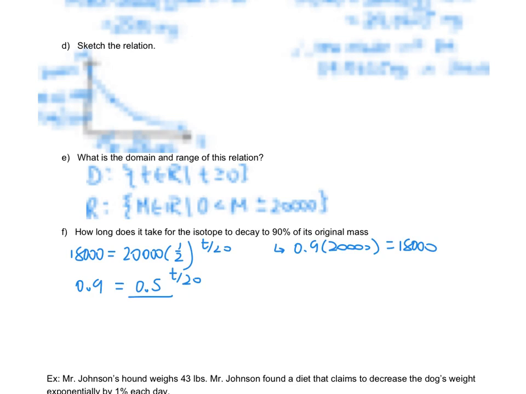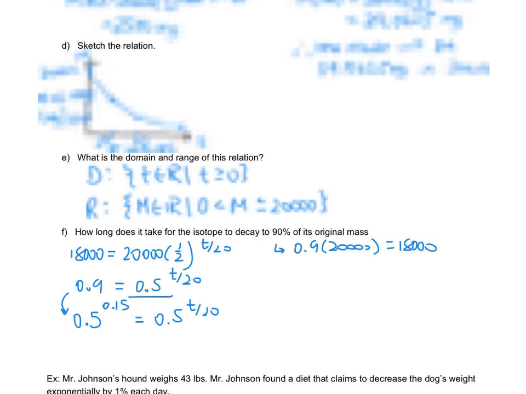So that's using a bit of guess and check, where I try to take the 0.9 and turn it into the same base as the term with the exponent that is a variable. So I can rewrite 0.9 as 0.5 to the power of 0.15, and that is just guess and check. Now that is very tedious, and I will show you another way to do this.